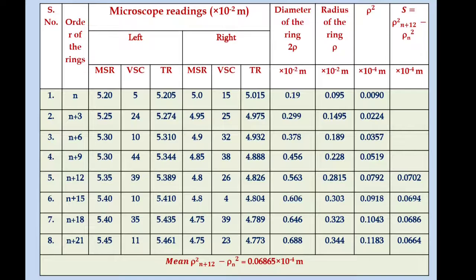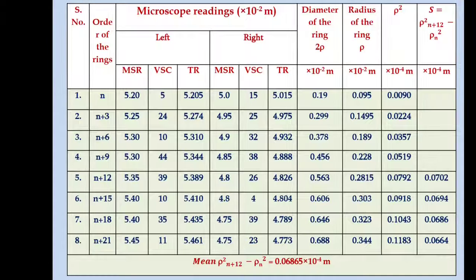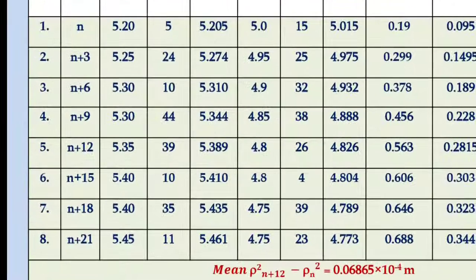The readings will be taken for every 3 rings or for every 5 rings. Here, it is our choice. Here we have taken the readings for every 3 rings, n for left and n for right, up to the order of n plus 21. For n plus 21, the main scale reading is 5.45 and the Vernier coincidence is 11.